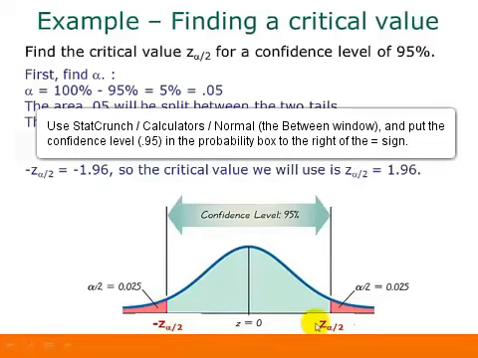To find the critical value, use the normal calculator in StatCrunch, the between window, leave the mean as 0 and the standard deviation as 1, and put the confidence level in decimal form in the probability box to the right of the equal sign. That means the value on the right side, which is the one we're actually going to use, is positive 1.96. Here's our picture with our 2 cutoff values. We have negative 1.96 on this side, positive 1.96 on this side.